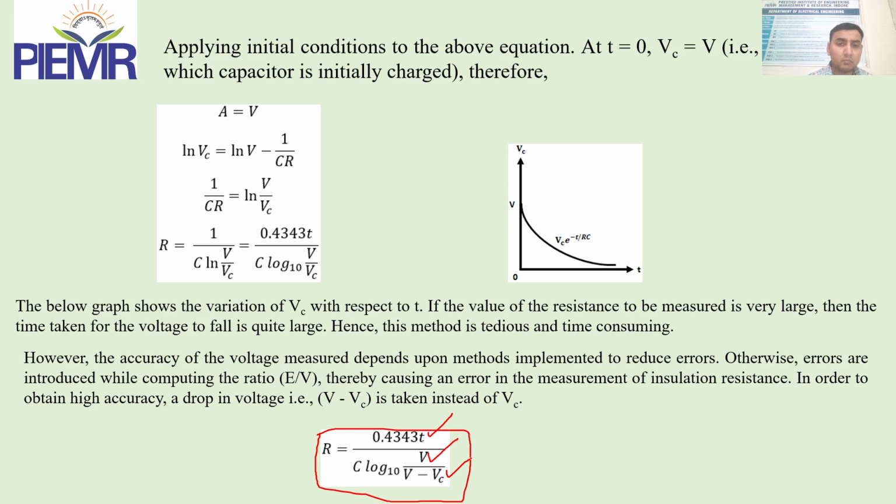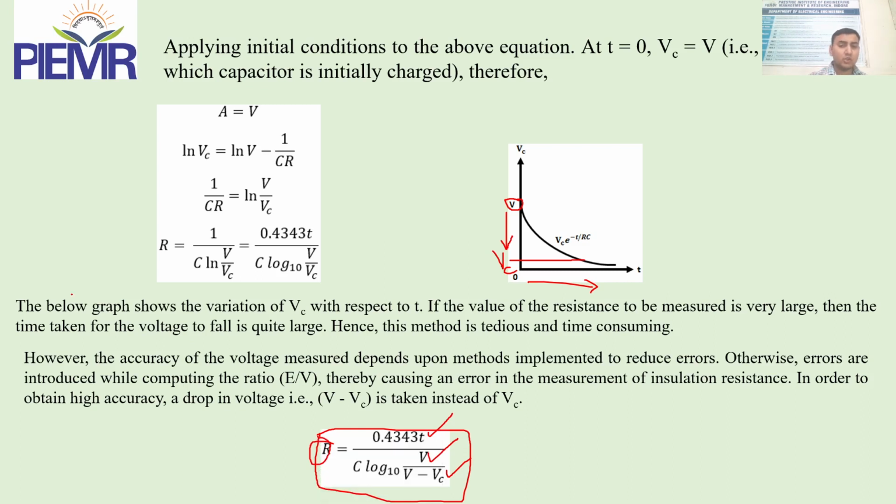By this particular time, we can know the resistance of the circuit. The accuracy of measurement depends upon the method of implementation. If V is the total voltage, and at a particular time when we step down, the voltage across the capacitor is Vc, we have to calculate the time taken for the voltage to drop from V to Vc. By this we calculate the total resistance in the circuit.